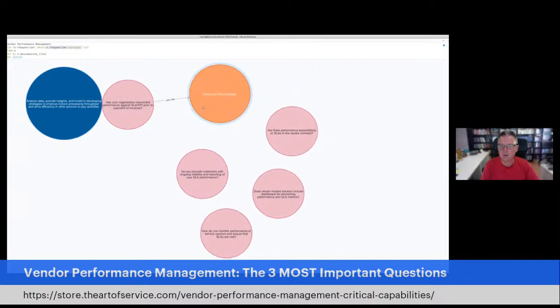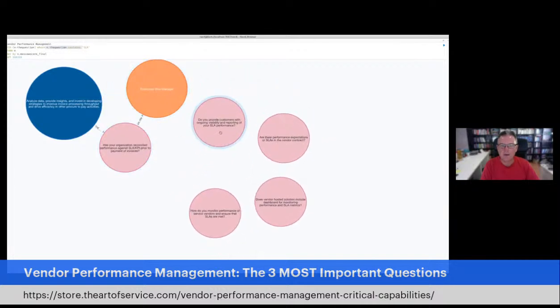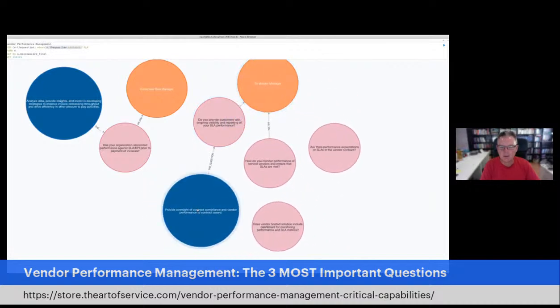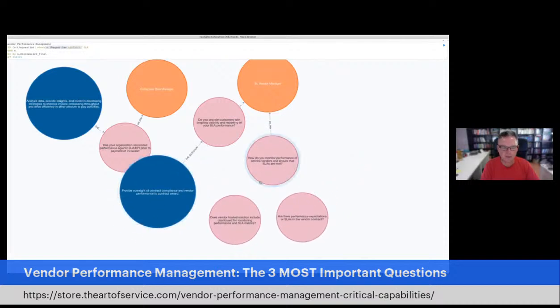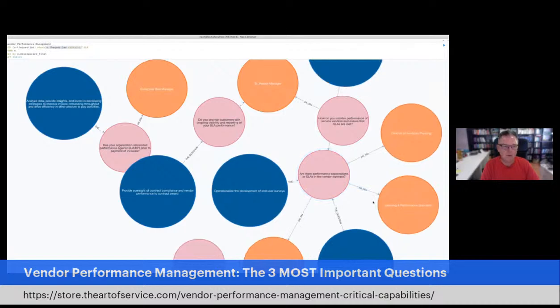And I'm going to ask the enterprise risk manager if we do that actually. Do you provide customers with ongoing visibility and reporting of your SLA performance? The senior vendor manager provides oversight of contract compliance and vendor performance to contract award. And are there performance expectations or SLAs in the vendor contract?